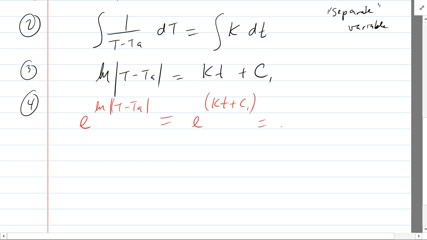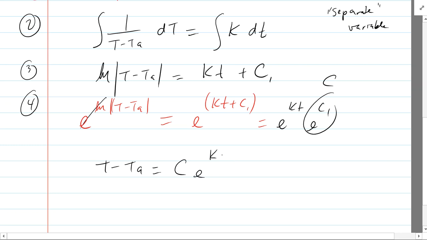Multiply. Yeah, so it's e to the kt times e to the C1, but that's just a constant. We're going to call it C. Well, does this e undo the natural log? They're inverses, so I get T minus T sub A, which is ambient temperature, is equal to C e to the kt. Looking familiar yet? I need to see this step.